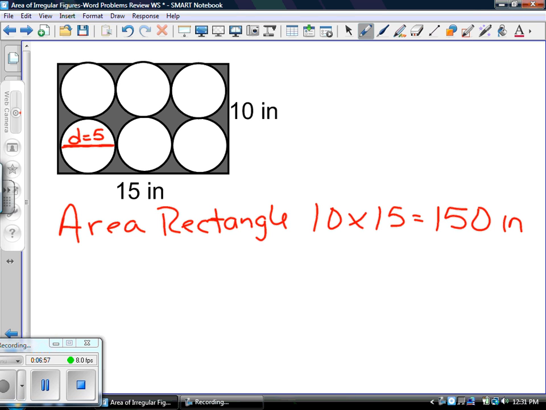And again, make sure you have labels. Then we need to find the area of the unshaded, because our goal is going to be to take that unshaded stuff out so that we're only left with the shaded stuff remaining.